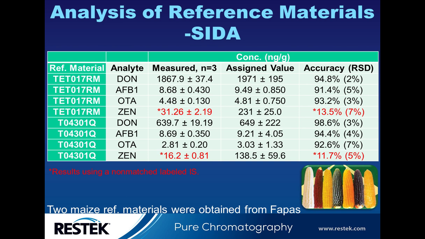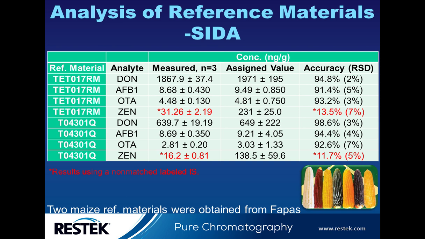The middle column, the measured value, is the number that I obtained from my method. And the second column to the right is the assigned value offered by FAPAS. As you can see, the accuracies for most of the compounds are all above 91%, which is perfect, right? It's very accurate, except one compound.